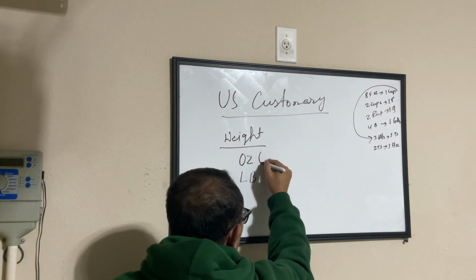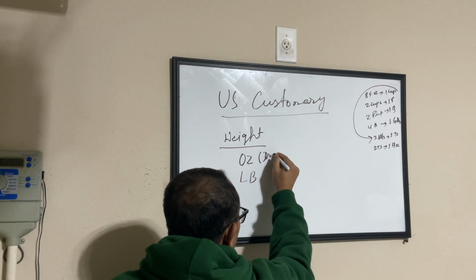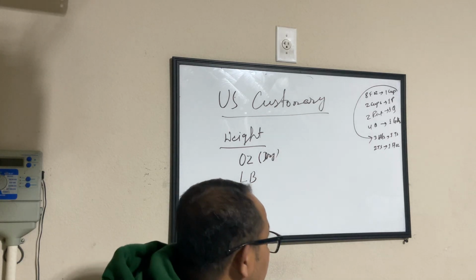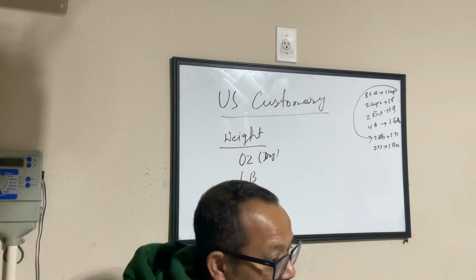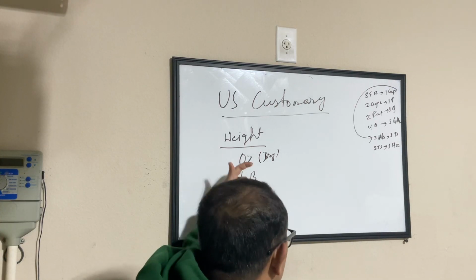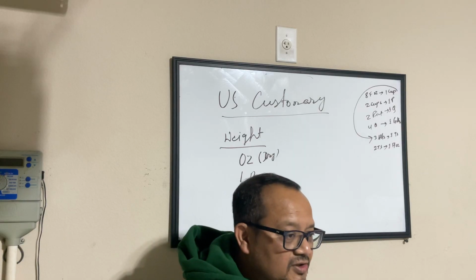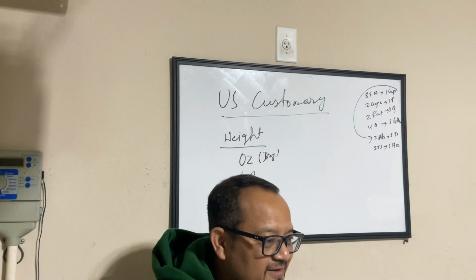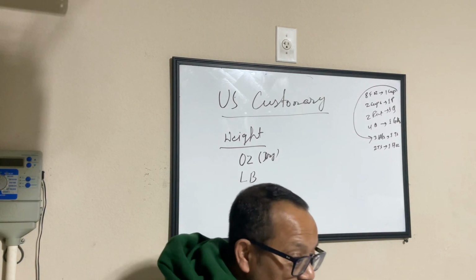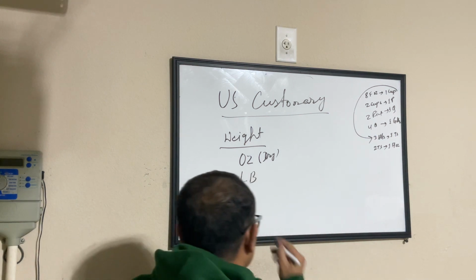This ounce is the dry one; you have something for fluid, and when you just say ounce, you're talking with respect to weight. Vishal, what is the next one? Tons. Tons, correct.